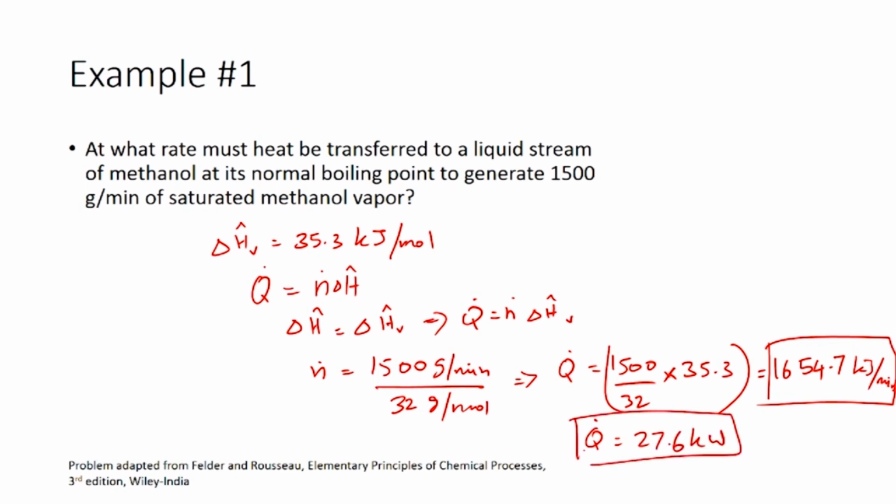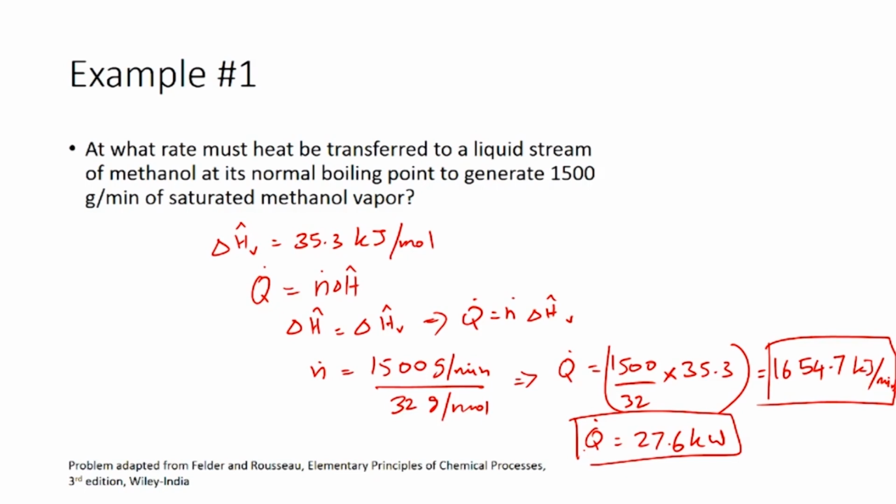Okay. So, this is a simple calculation where we performed a very simple energy balance for a process where only phase change is happening. This is a very simple process because phase change happens here at constant temperature and constant pressure, and this is also happening at the normal boiling point, which means the heat of vaporization was directly available, and all we needed to do was multiply this standard heat of vaporization with the molar flow rate to get the rate of heat transfer.